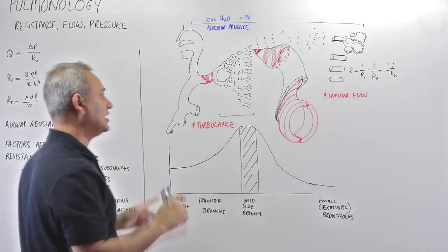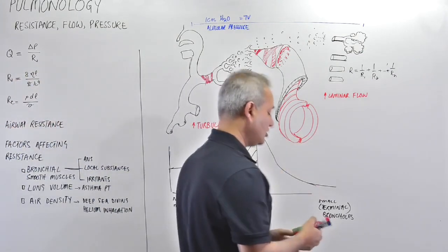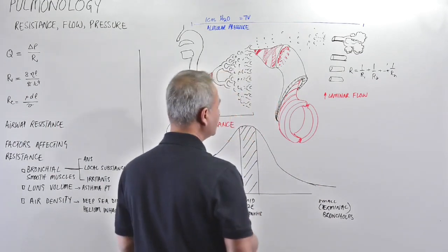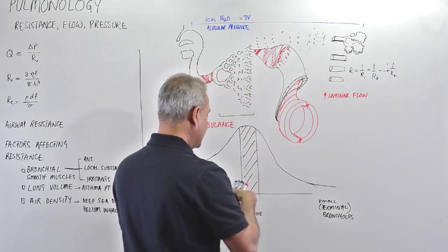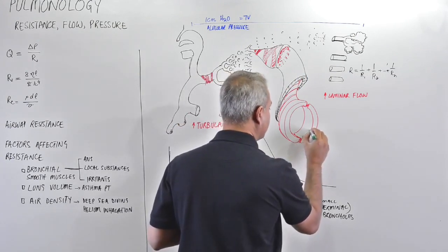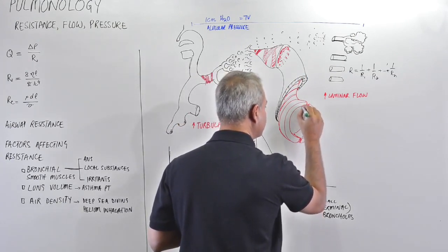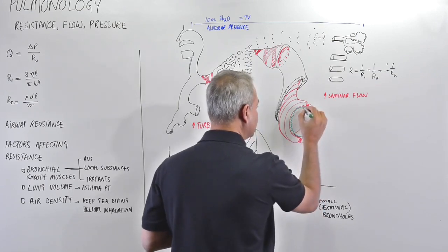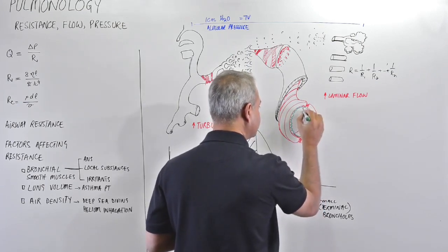Before doing that, let's look quickly at the structure of the bronchi and bronchioles. The structure is a pipe that has internally, of course, the epithelium, right? It's an open system. It communicates with the outside. So it has epithelium on its surface.